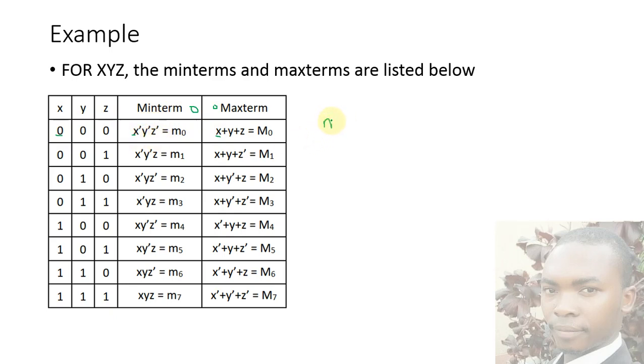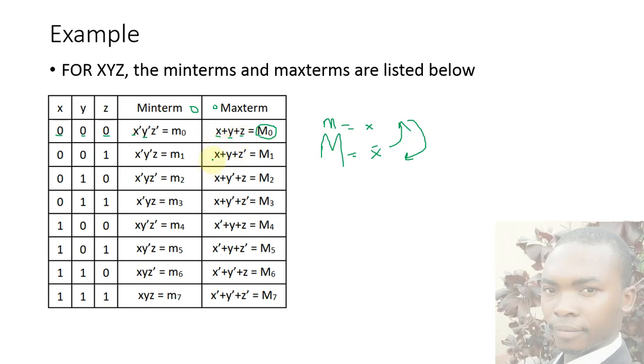So if the min term is x, that means the max term is going to be x complement. Actually it's going to be vice versa, which is an opposite. So if this is a 0, we shall have a y here, because here we have a y not, and then this is a 0, still we shall have this. So this is the capital M not.